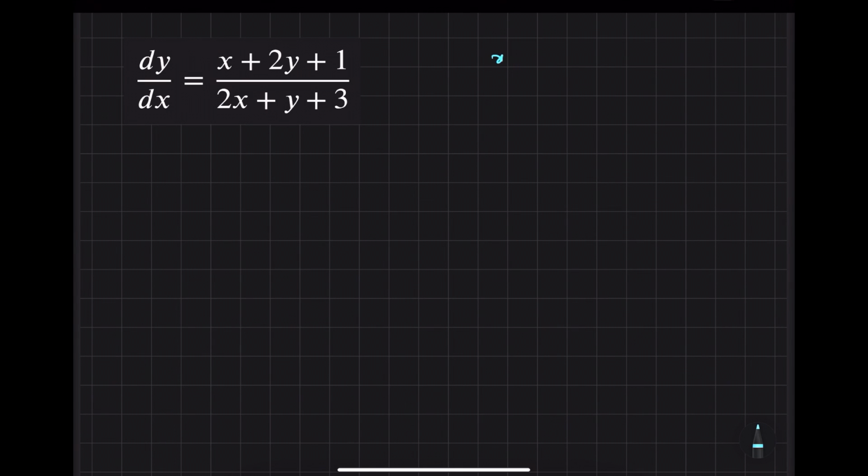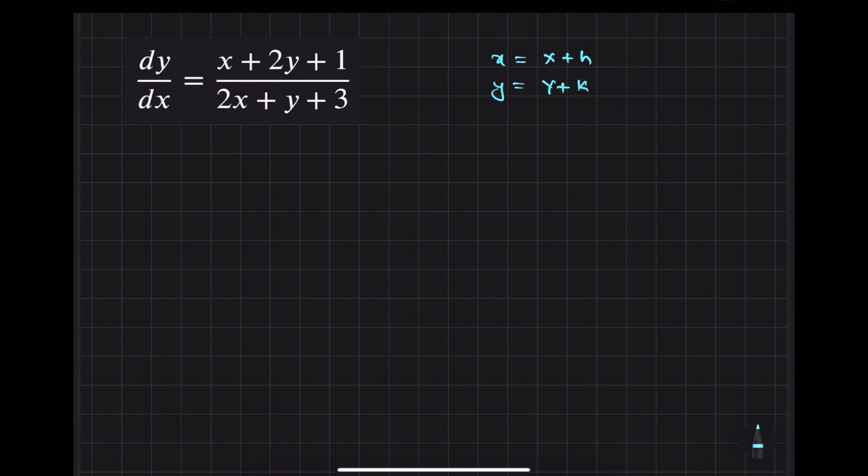The idea is we have to replace x with X plus h and y with Y plus k. So look at this, what will happen. First you will write, just do the differentiation. We will differentiate with respect to x.